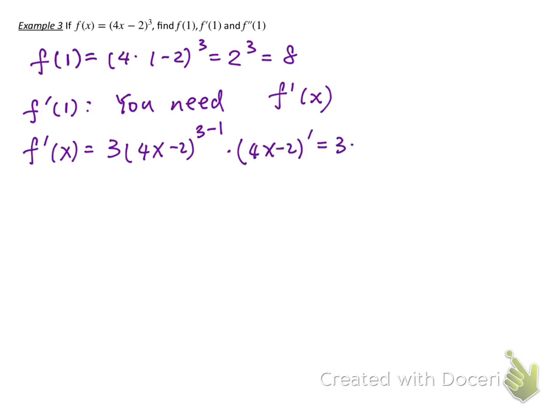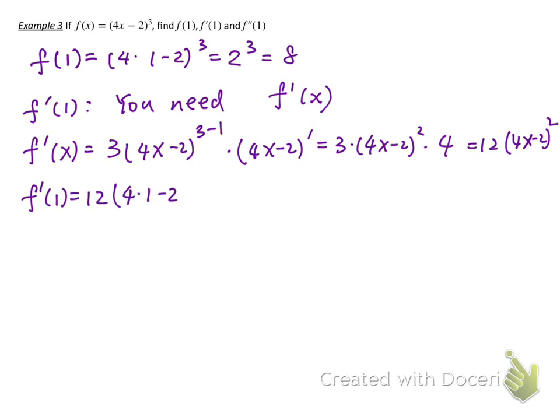So this will be 3 times (4x - 2) squared times the derivative of 4x - 2, which is 4. The x is gone, and minus 2, a constant, gives 0. So this is 12(4x - 2) squared. Then I can plug in 1. f'(1) is 12 times (4 times 1 minus 2) squared, which will be 12 times 2 squared, and that's 4 times 12, 48.